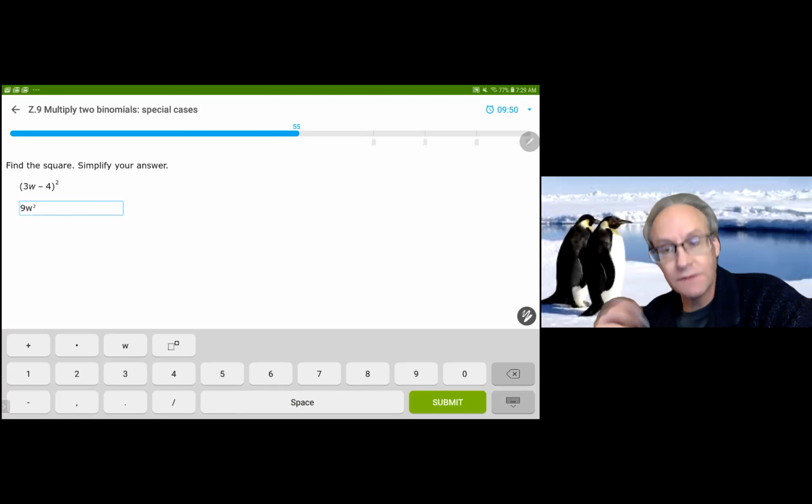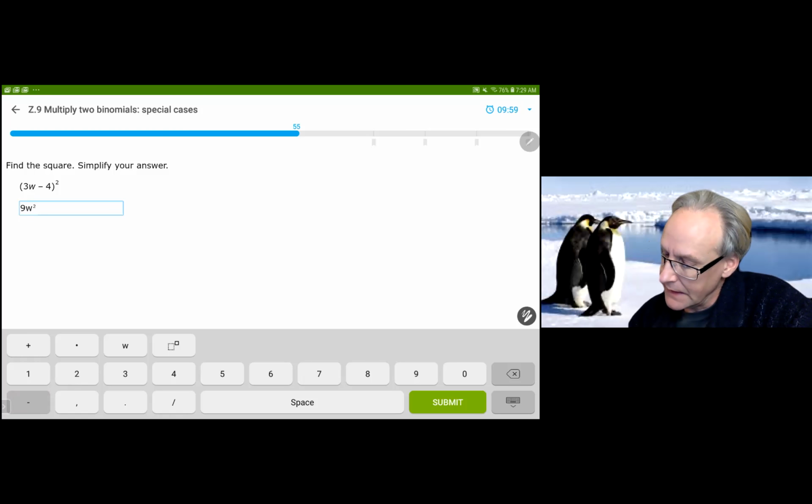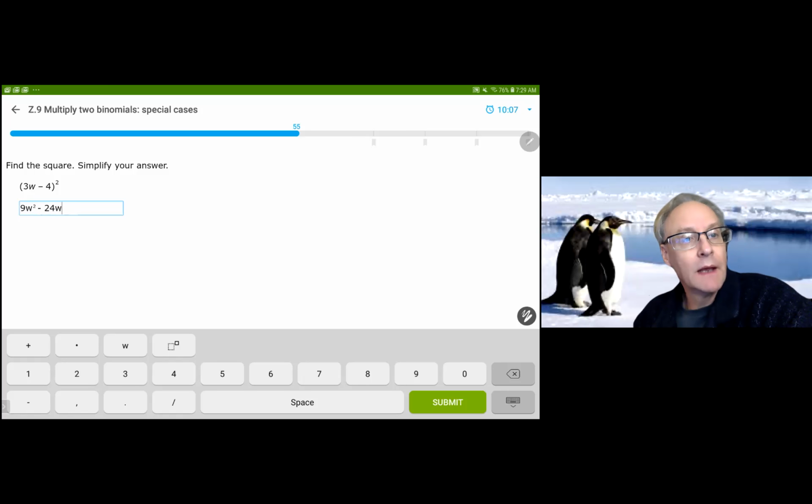The product is multiply the two terms. Negative 4 times 3w is negative 12w, but you have to double it because you get two of them. That's negative 24w. Make sure I put a space in here just to space it out a little bit. And the last term is always plus the square, so it's plus 16, isn't it?